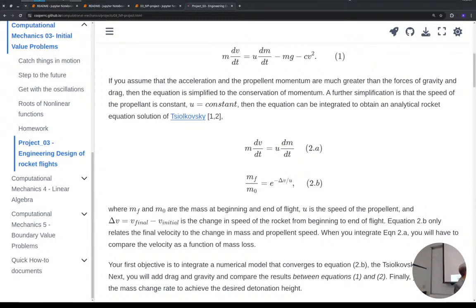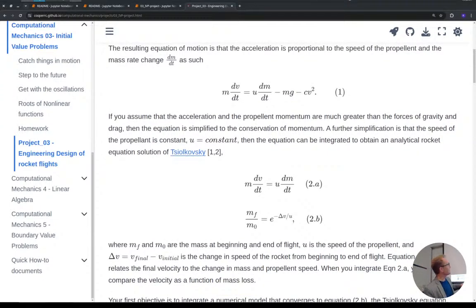If I'm trying to solve equation 1, and my biggest factor is just u times dm dt, much bigger than gravity and much bigger than drag, which is the case if you're in space or just beginning to take off, or if you have a lot of thrust, then it turns into equation 2a, and 2b is the solution.